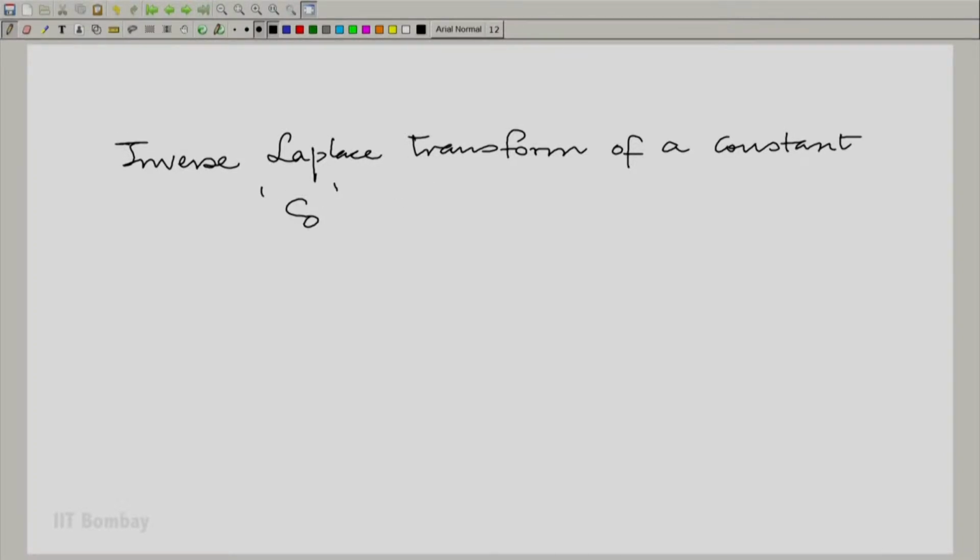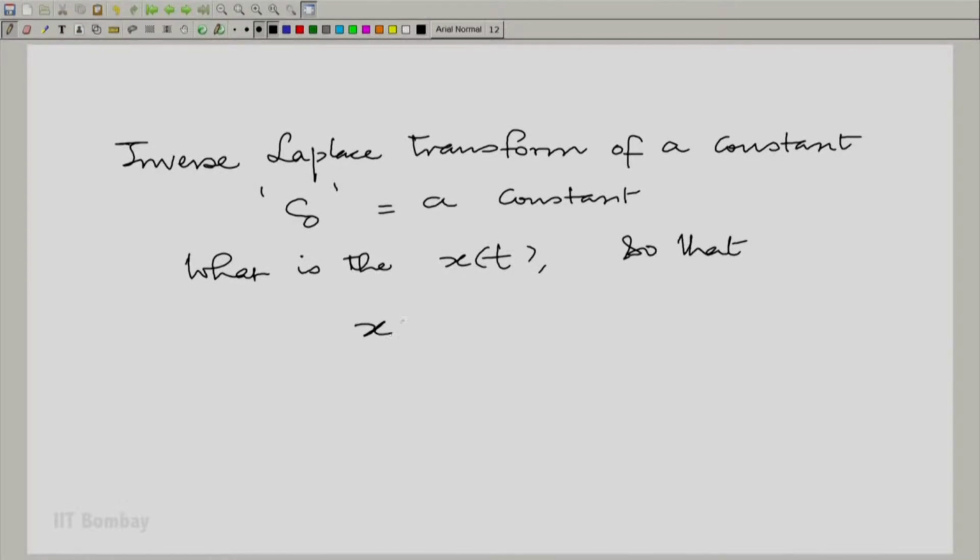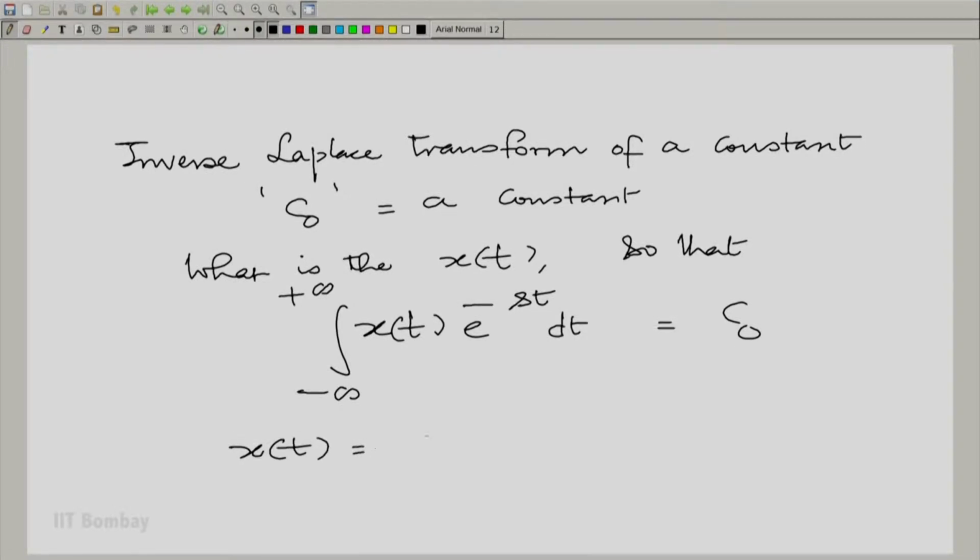Let us just take the constant C0. How would I get C0? In other words, what is the x(t) so that the integral of x(t) times e raised to the power minus st dt over all t gives you just a constant C0? You would have to just pick something. One simple way is to put x(t) equal to C0 times delta(t), and you get the answer.